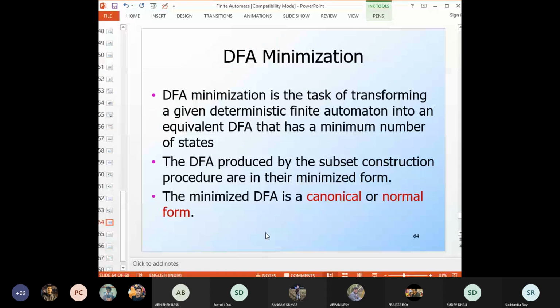Okay, so if there exists a particular representation which is going to stay the same, however we construct it, we can all follow different construction procedures, but if we end up in the same output, then this particular form of output is called a normal form or canonical form.